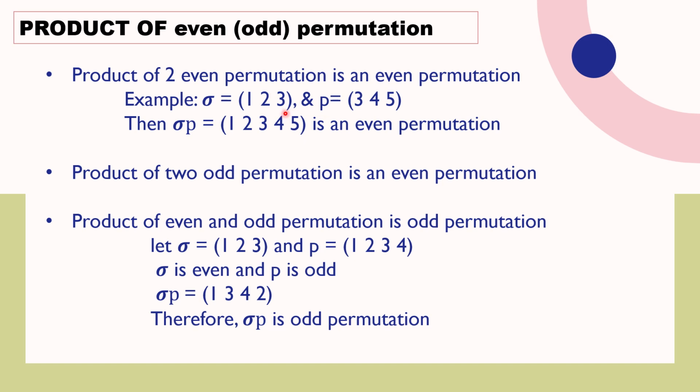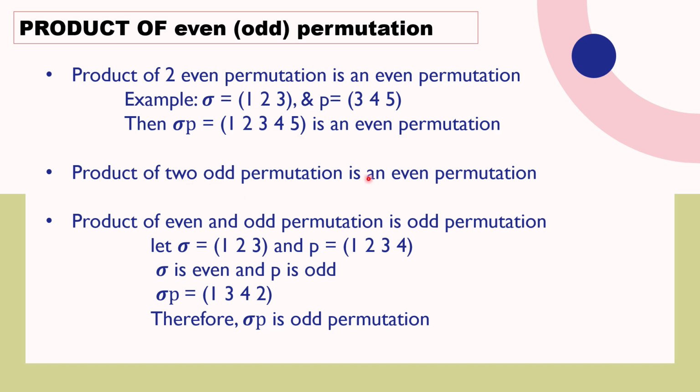So when you find the product of sigma and p, which you will be able to perform if you have seen the previous video where we explained the product of permutations, also the one before, so check that out. The link is in the description box below. When you do the product, you will get a permutation which is also even. The cycle is odd, so it's an even permutation.